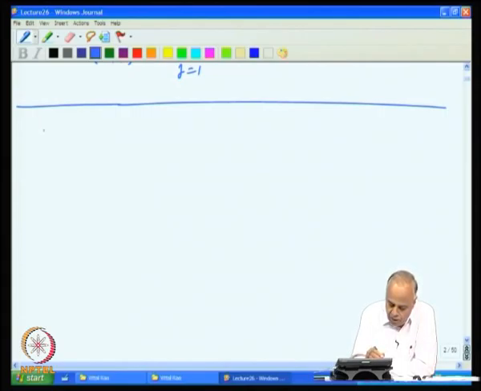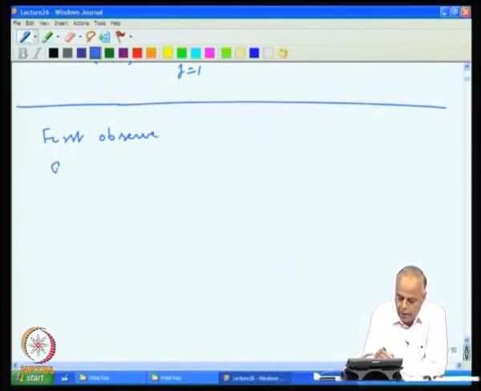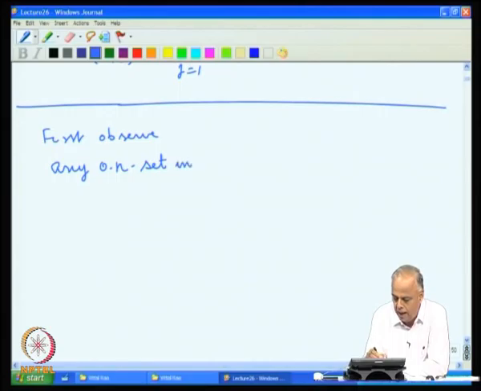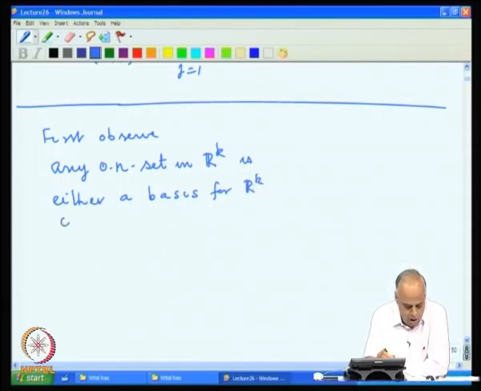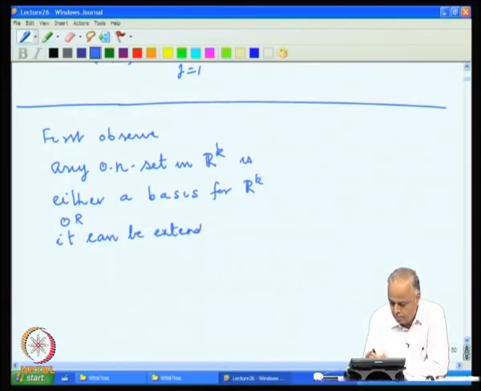Now, we observed first, if you have any orthonormal set in R k, it is either a basis for R k or it can be extended to an orthonormal basis for R k.